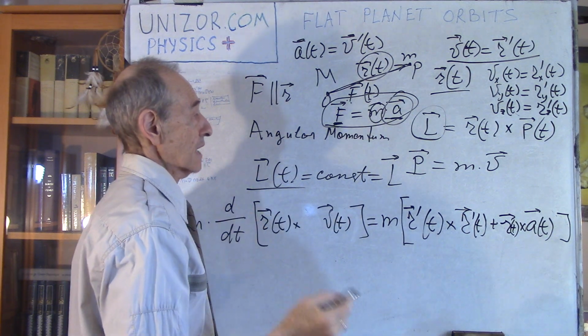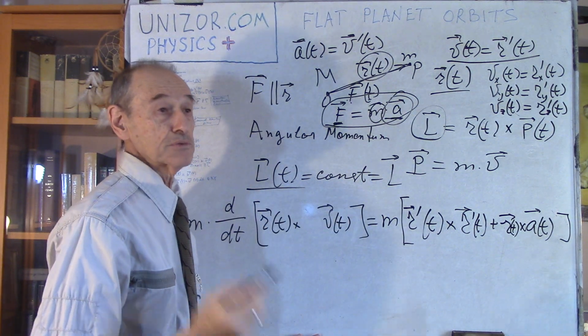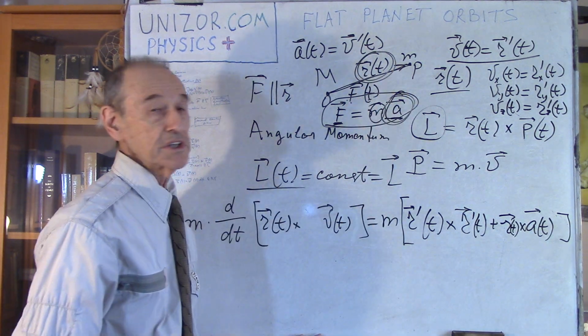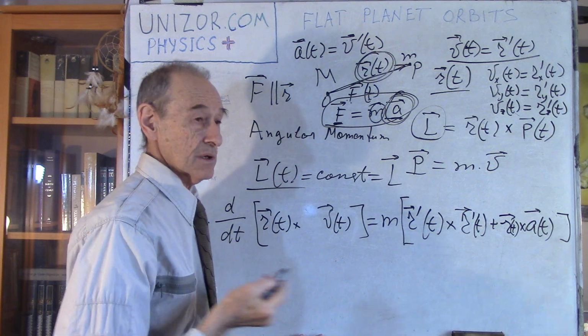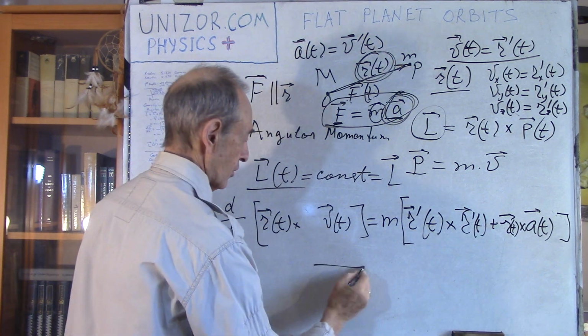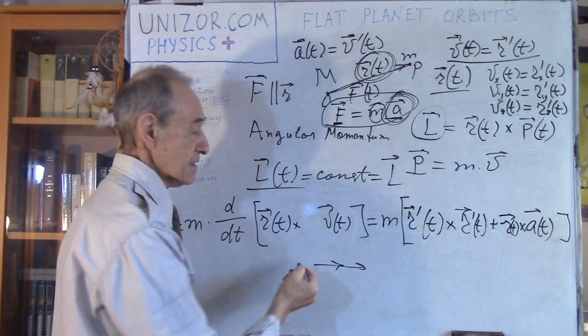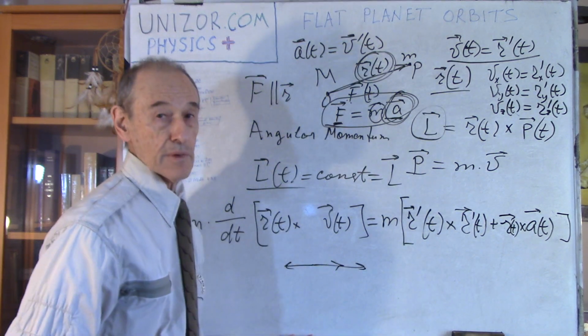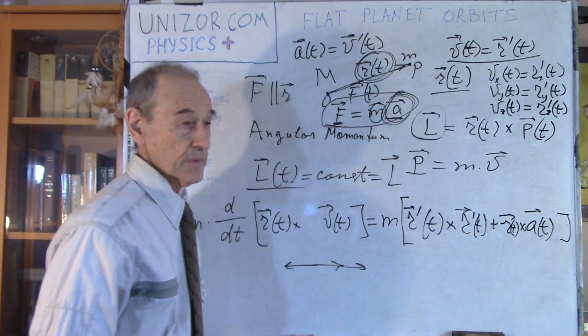So in that particular case, in the case of a central force, r and a are collinear, which means that the angle between them is equal to 0, or maybe they're oppositely directed, then it's 180 degrees.